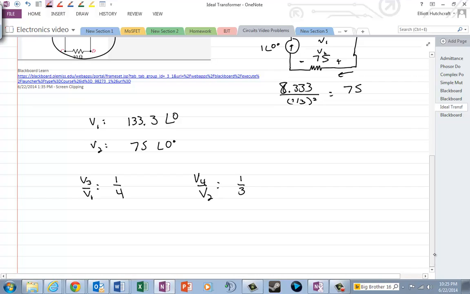And so this tells me that V3 is equal to 133.3333, and I divide that by 4.